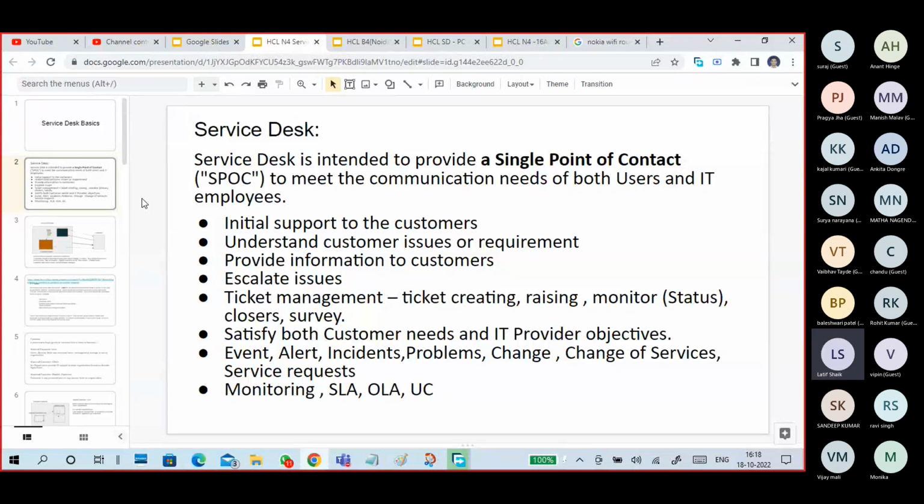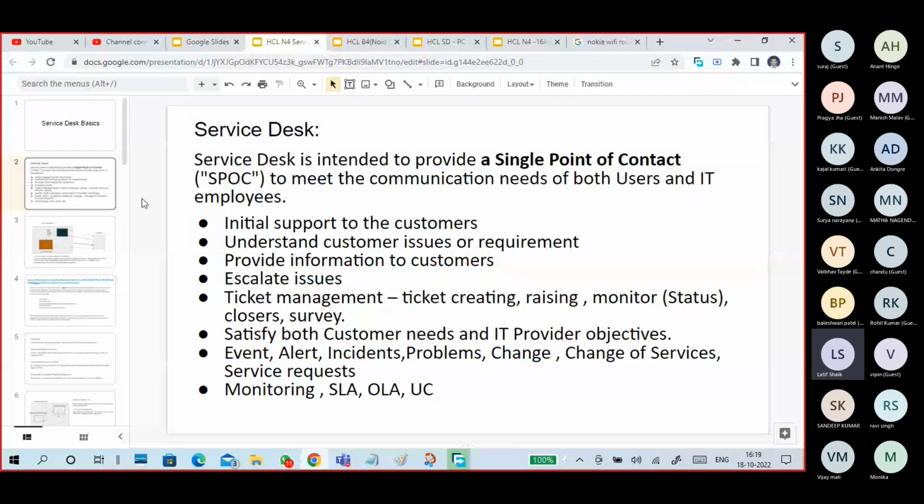That is the main important thing for a customer. If any issue occurs, it should be resolved as soon as possible to satisfy both customer needs and IT provider objectives.